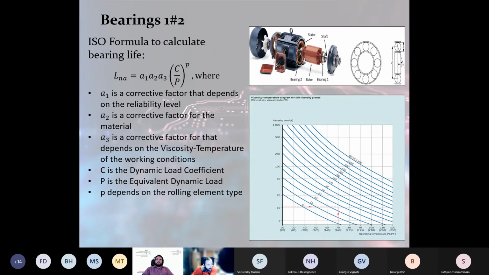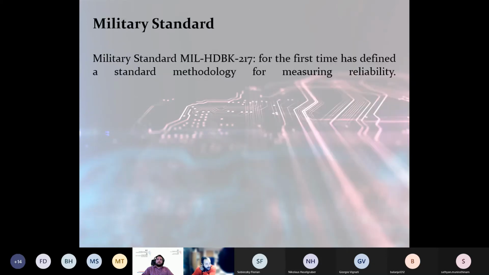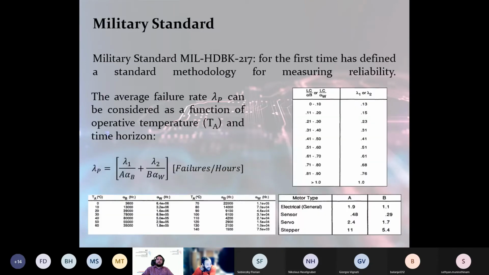What we want to show is that the formula proposed by SKF, which is correcting and coupling alpha 2 and alpha 3 because they are tightly related, and using a correction factor in the parameter L, can give a formula which is a bit more complex and can take more information into account than what the military standard proposed.